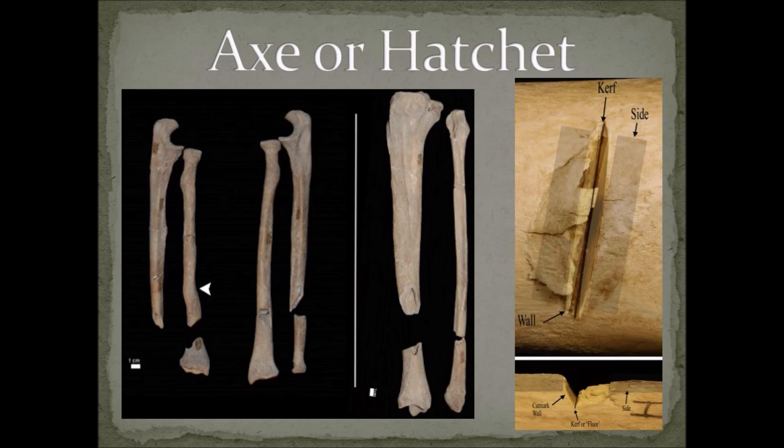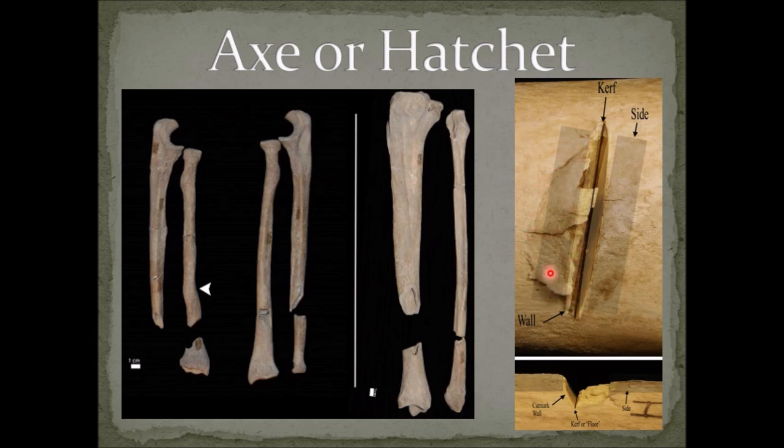But with axes, hatchets, swords, machetes, these large blades where you're hacking through, when you pull the blade back out, what often happens is the deep part of the blade acts like a lever, and it will break away this edge here, and you'll see this lifting going the wrong direction.